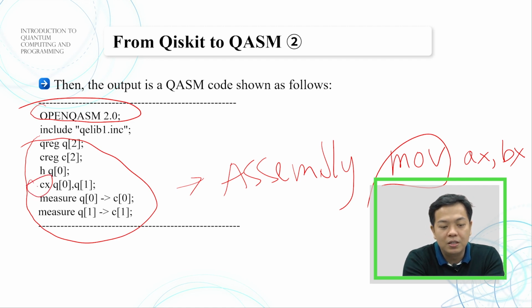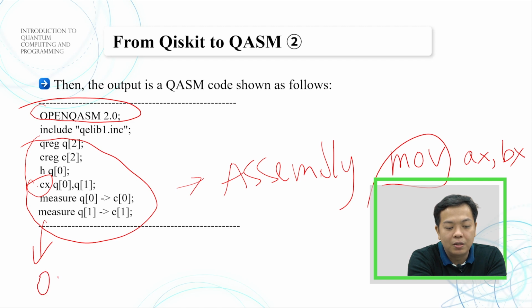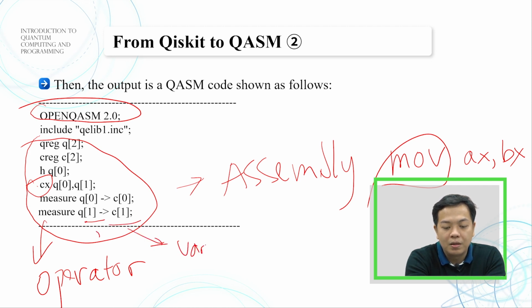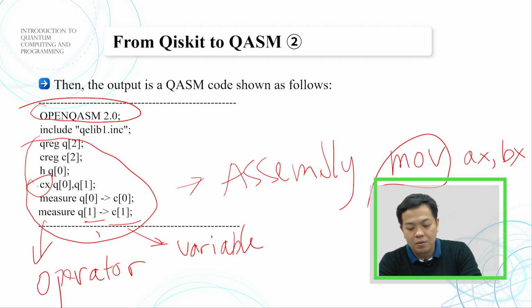It's very similar. CX q0, q1, right? And measure something like that. We have this operator and these two variables. So this is QASM code.